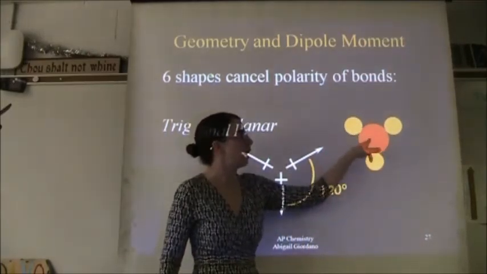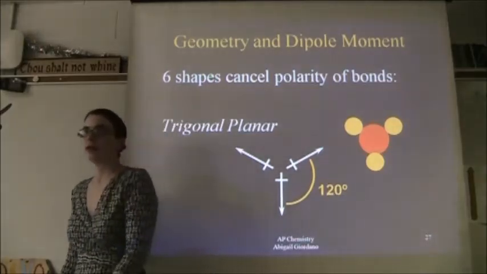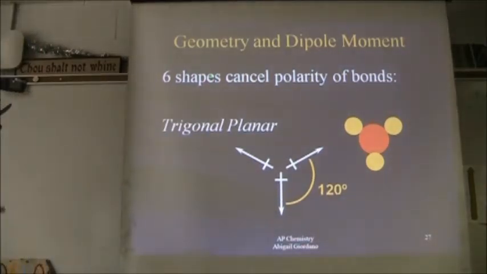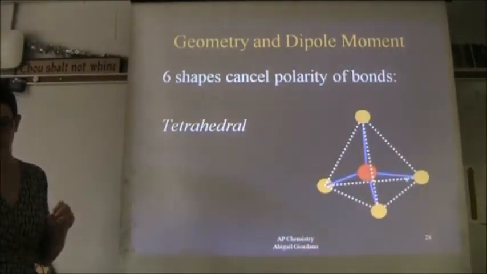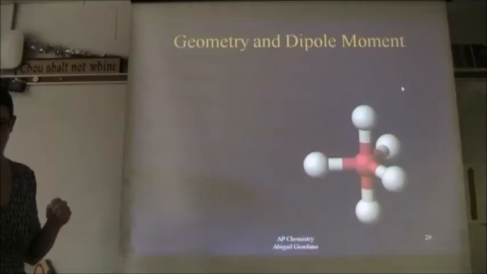Each of those bonds is polar, but it's the same phrasing. Trigonal planar is a shape that can cancel out the polarity of those bonds. Here's another one that's familiar to you. Tetrahedral.